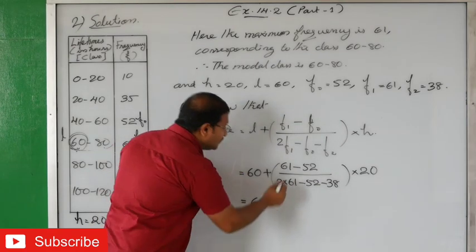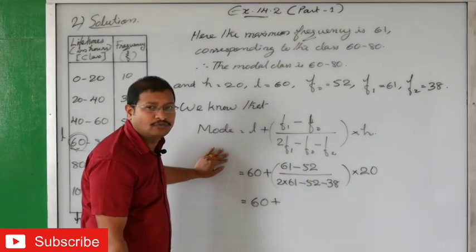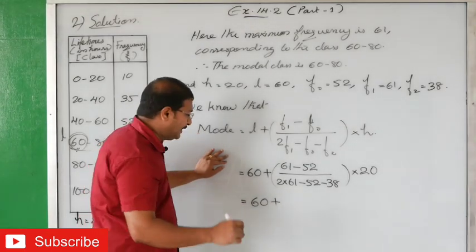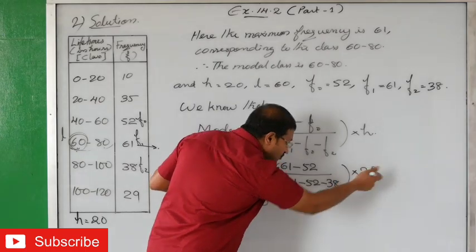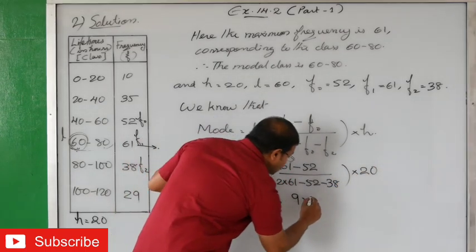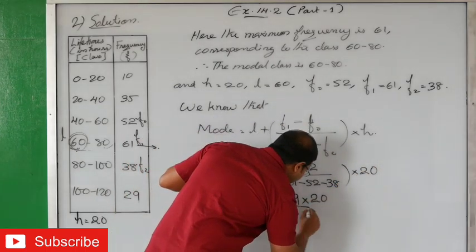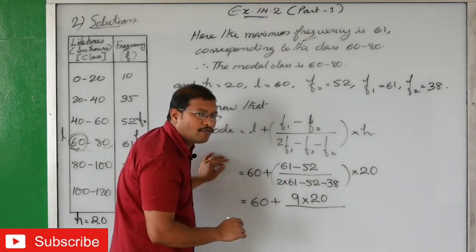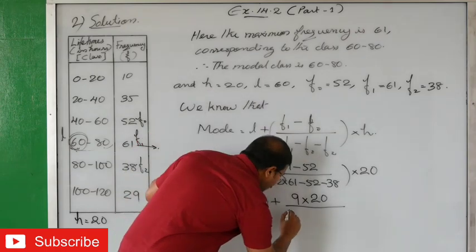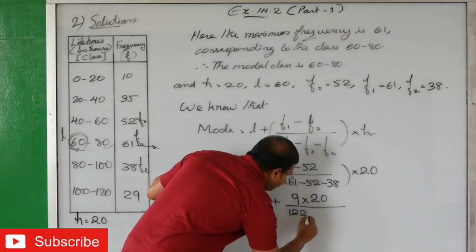60 plus 61 minus 52. How much is that? 9, isn't it? So 9 into 20, this 20 is multiplying, so you can write in the numerator, divided by, now 2 into 61, 61 2s are 122. If you have doubt, please multiply.